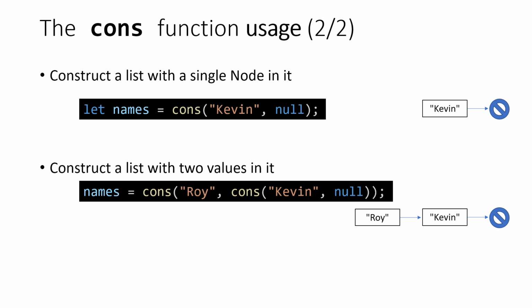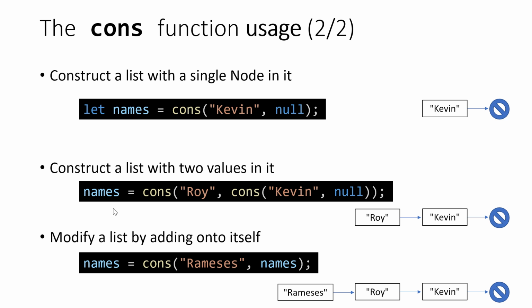We can construct a list with 2 values in it by nesting that function call, right? So if this inner function call resulted in a list with 1 element in it, followed by null, then what we're saying is cons Roy, or construct a list where Roy is the first value, followed by the list where Kevin is the first value, followed by null.